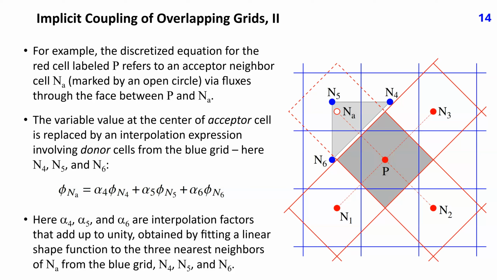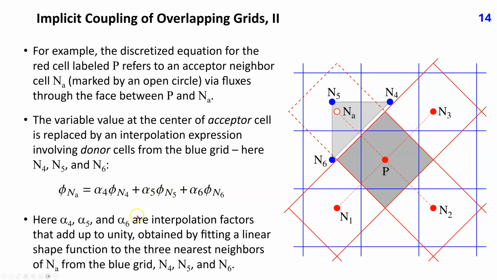For example, the discretized equation for the red cell labeled P refers to an acceptor neighbor NA, marked by an open circle, via fluxes through the face between P and NA. The variable value at the center of acceptor cell is replaced by an interpolation expression involving donor cells from the blue grid, here N4, N5, and N6, given by this expression.